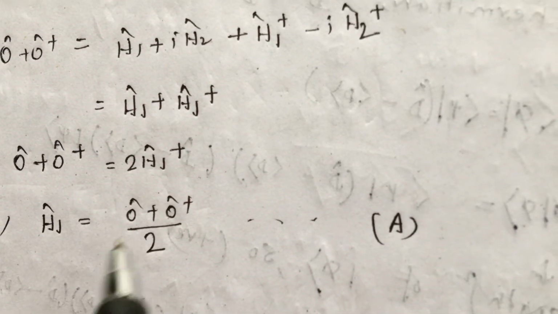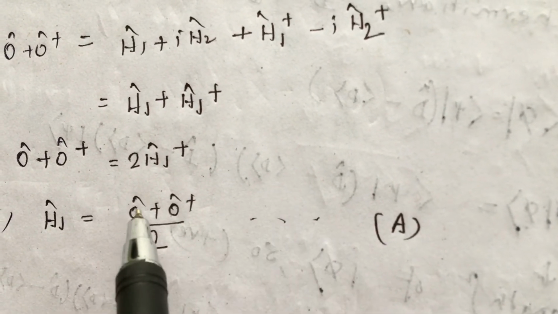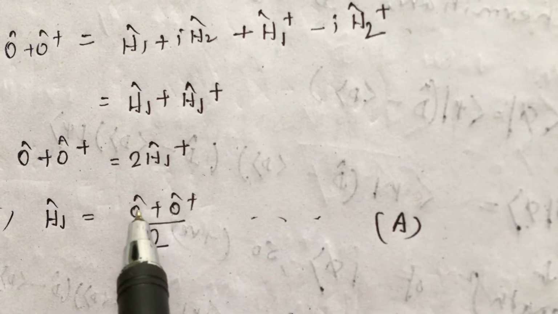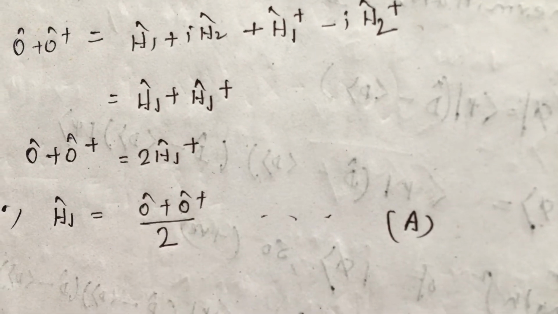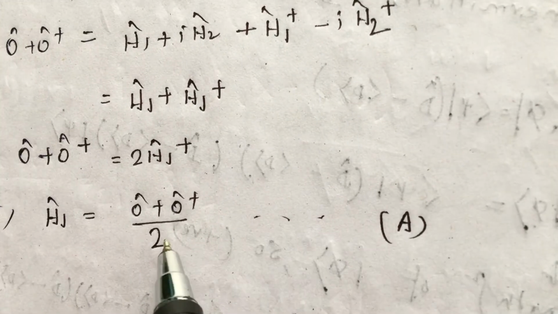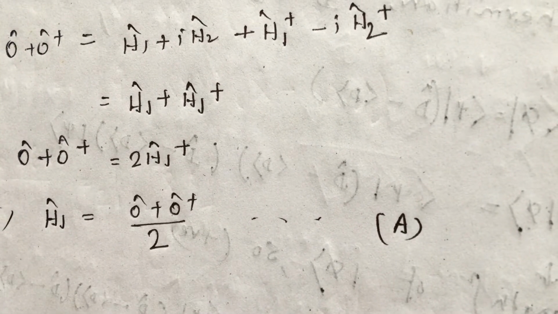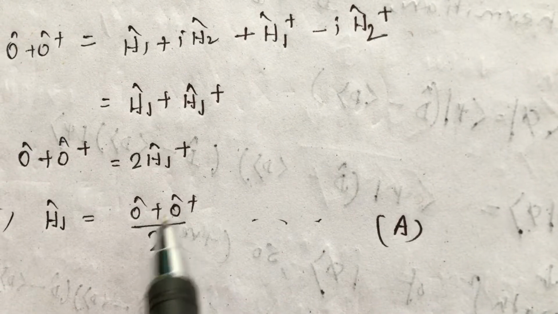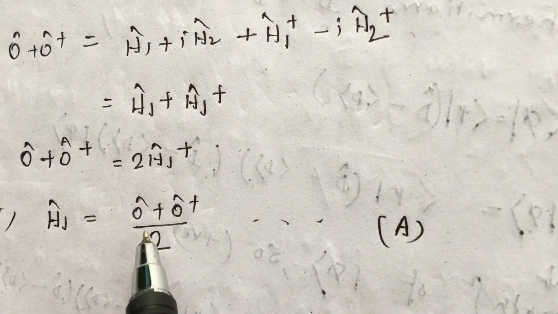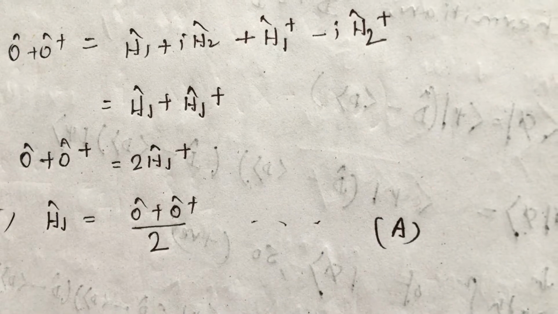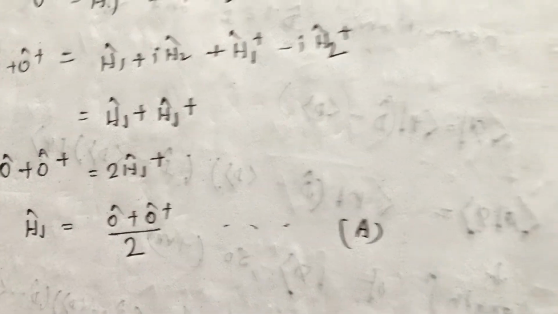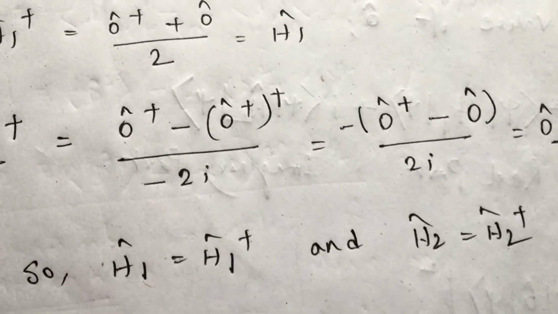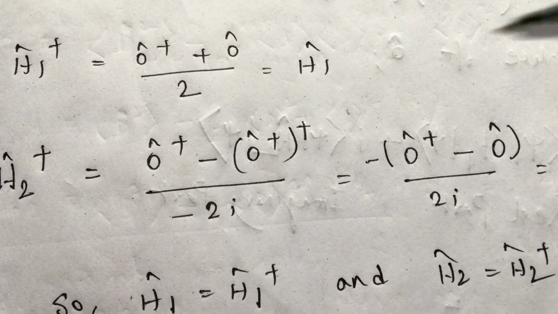If I take the dagger of the whole thing, this O becomes O dagger, and this O dagger becomes O. 2 is a number, so it remains unaffected. So if we write O dagger plus O, it's a summation, so we can write O plus O dagger also, which is eventually the H1 operator. So if I take H1 dagger, I arrive at H1.